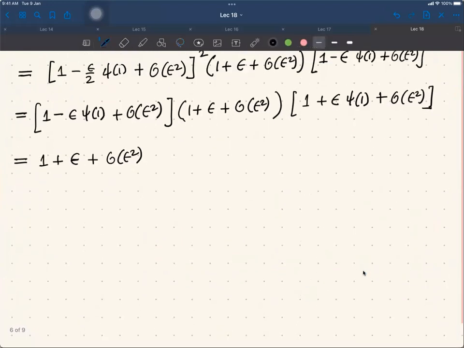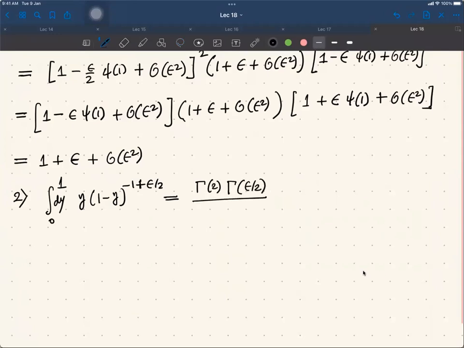Let's calculate the y integral now. And you can check that this will be given by gamma 2 gamma epsilon by 2 divided by gamma 2 plus epsilon by 2.